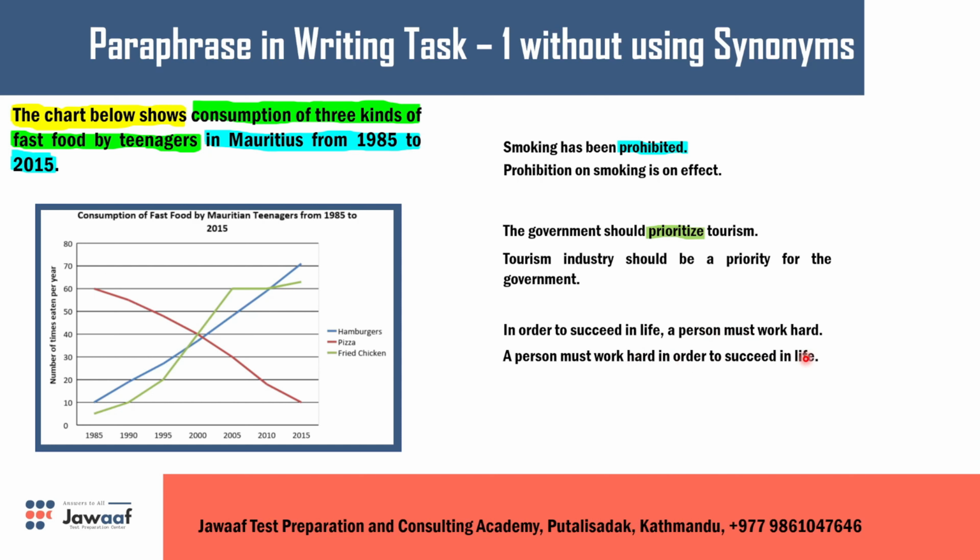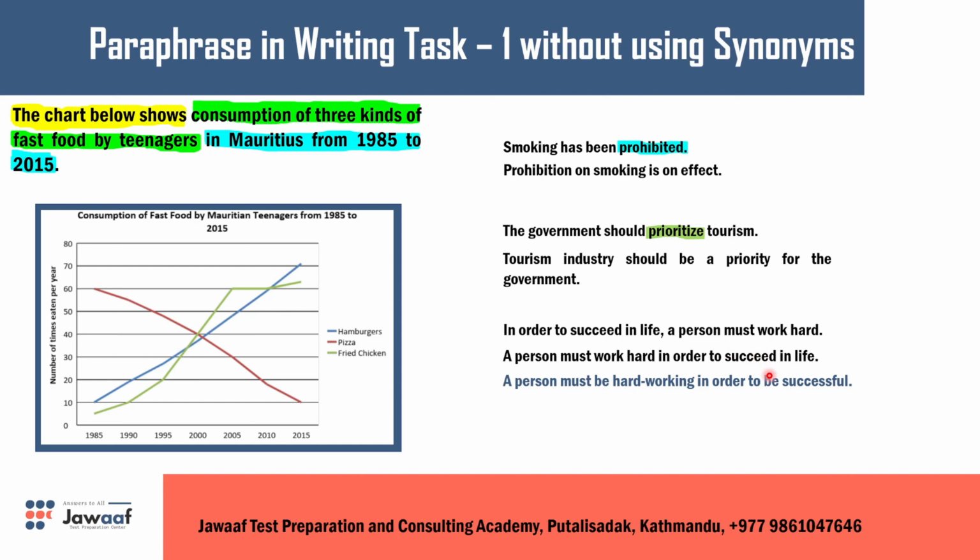In order to succeed in life. Now the thing is, we have some words like work hard or succeed which can be changed like this. Let's say you can pause the video now and read the sentence and find out what did we change right now. Okay, so you do not need new words or extra words. You can just paraphrase by simply changing the form of the words.